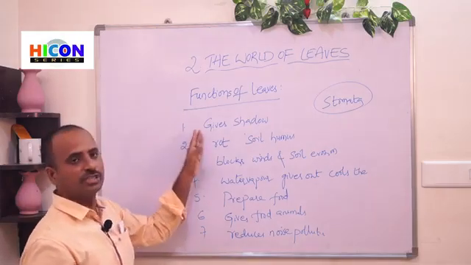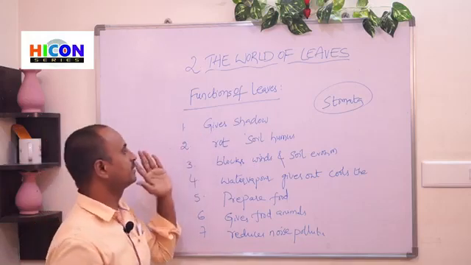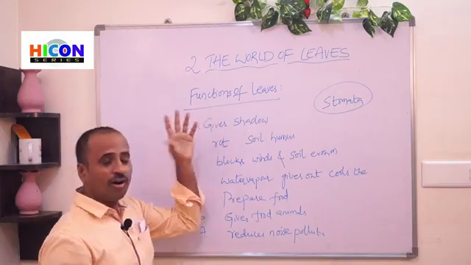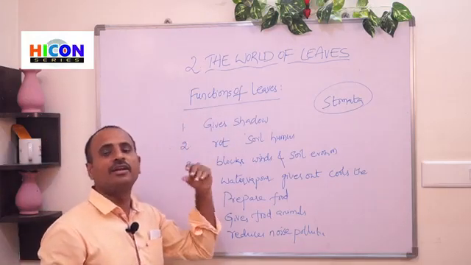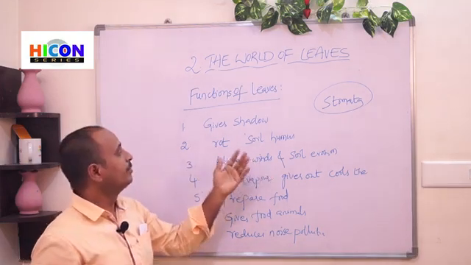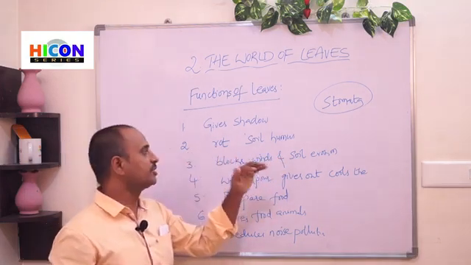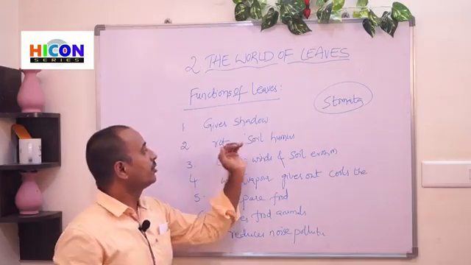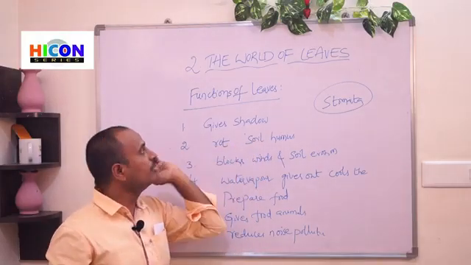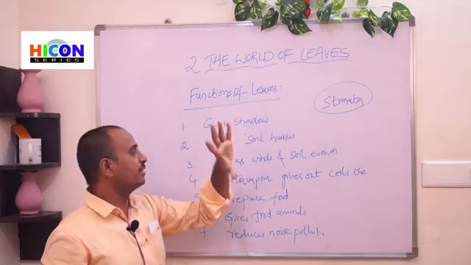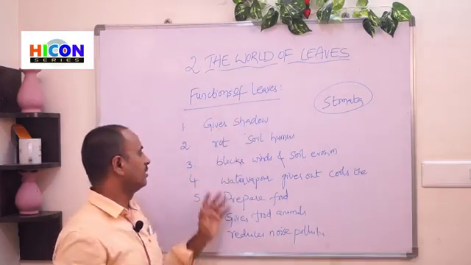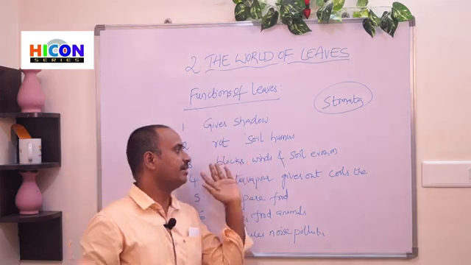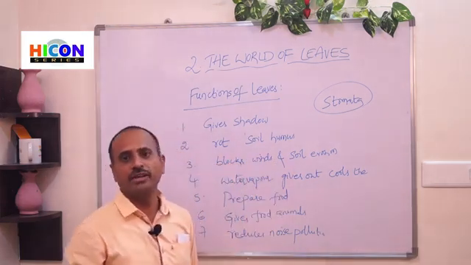The first one is giving shadow during hot summer days, and the fallen leaves rot, decompose and provide humus to the soil. These humus soils are very helpful for the plants for their healthy growth. The third one is blocking winds and preventing soil erosion.